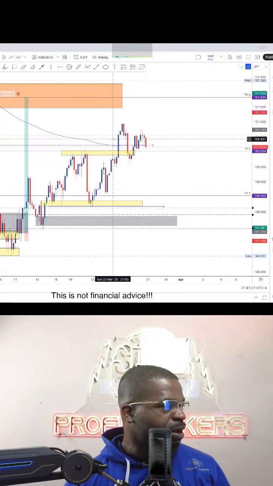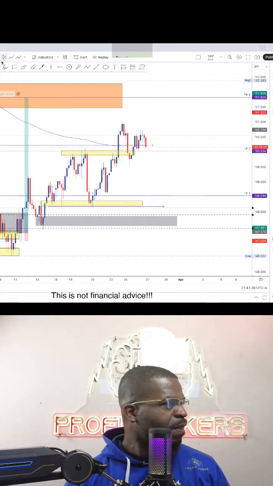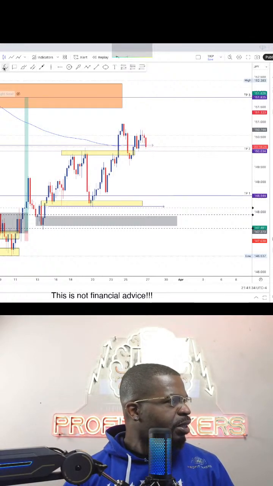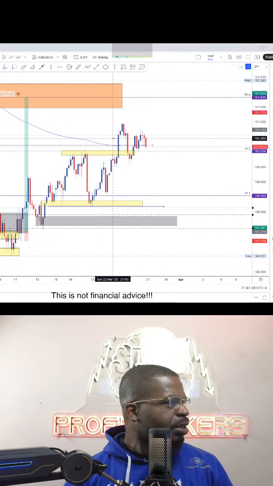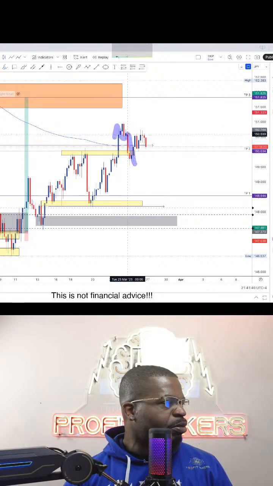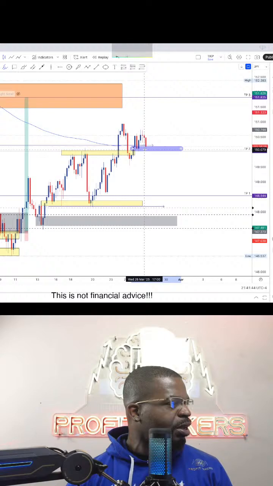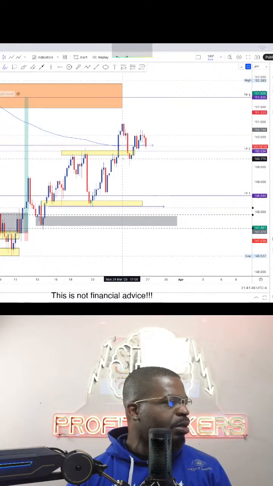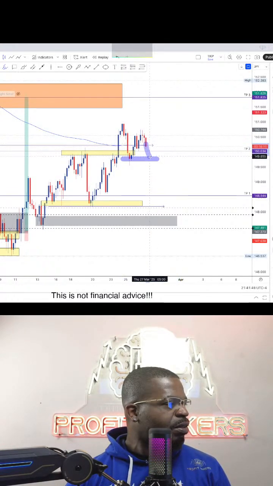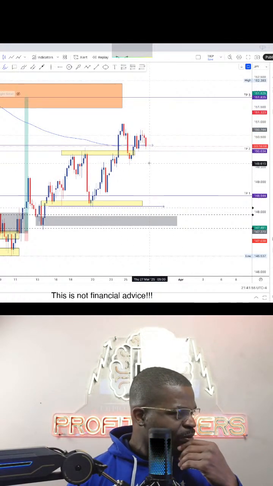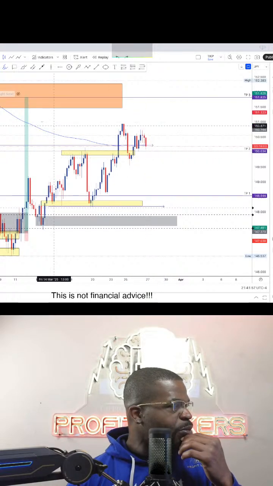Let's see how this plays out. Saw that double top just got retested there. If this low doesn't hold to give you a push, there's a chance we can see a deeper pullback.